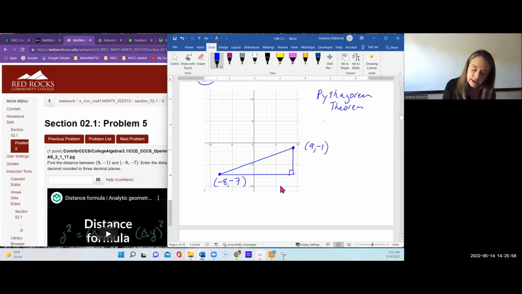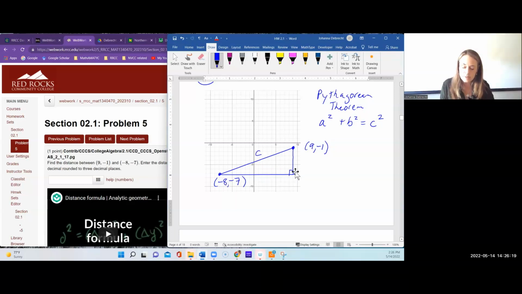It says that if you take the 2 short sides and you square them and add them together, you'll get the length of the longest side squared. C is always the hypotenuse across from the 90-degree angle, always this side. The short legs, you could call this A and this B, or you could call that A and this B, but they are the shorter legs.